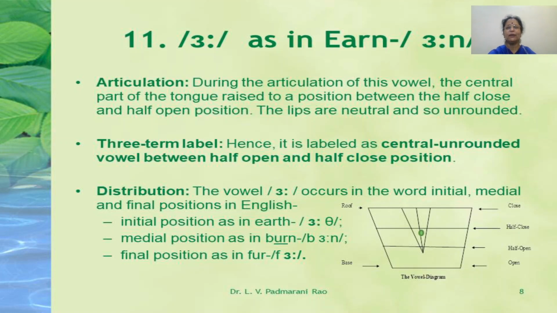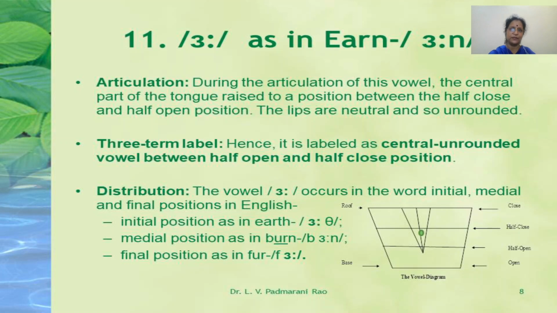Very good. During the articulation of the second central sound, the central part of the tongue is raised to a position which is between half closed and half open. The lips are neutral and so the sound is unrounded. If you look at the diagram given below in the right hand corner, you could find that the central part of the tongue is placed exactly between the half open and the half closed position.